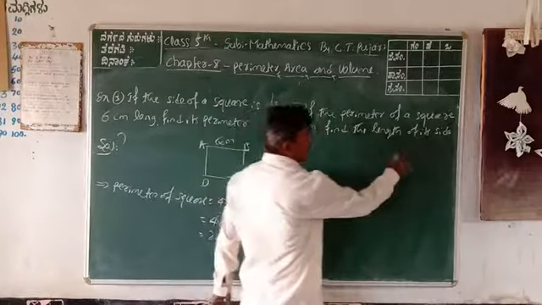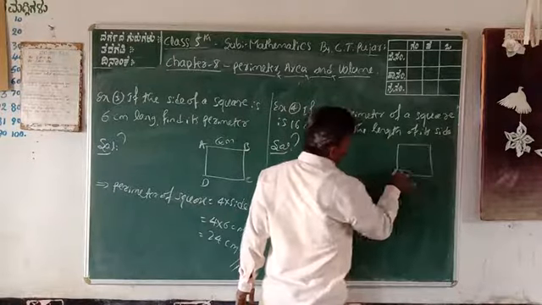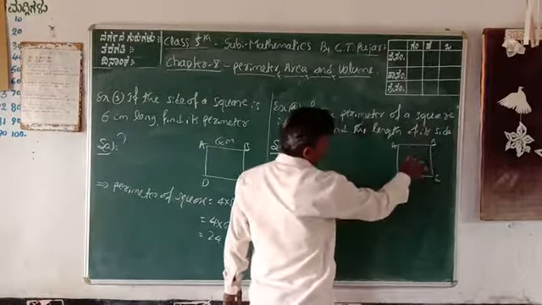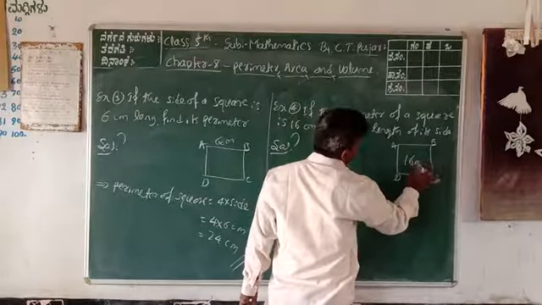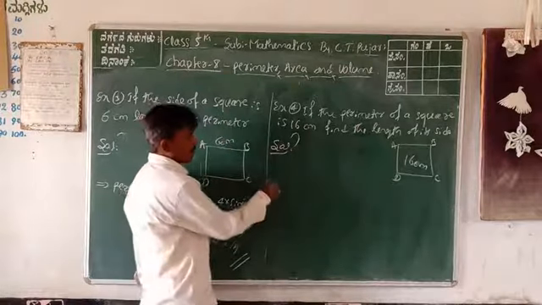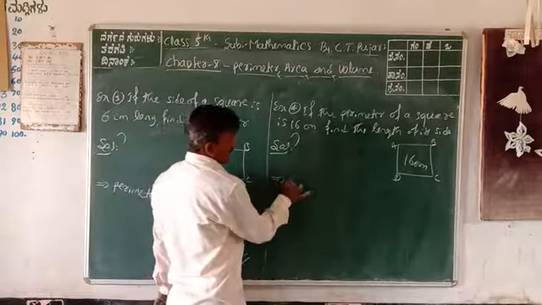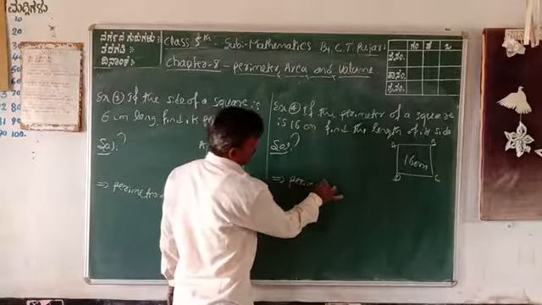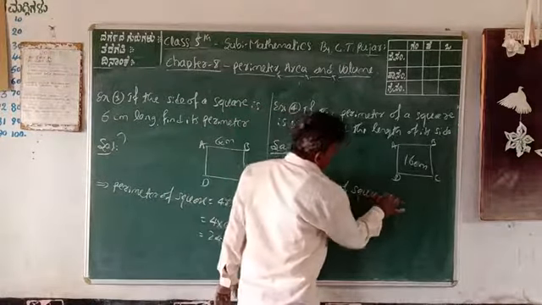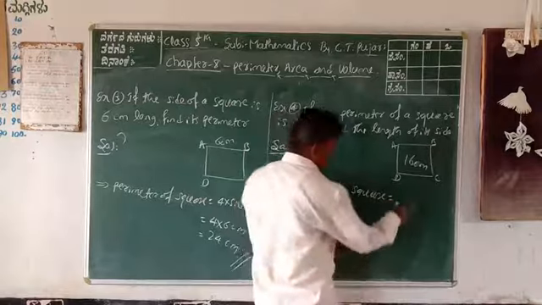This also is a square ABCD, and 60 centimeter is the perimeter. Find the side. The formula is perimeter of square is equal to 4 into side.